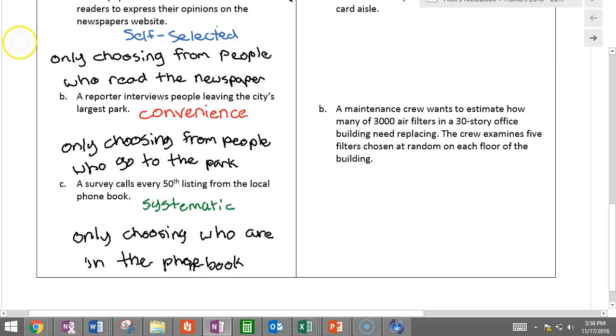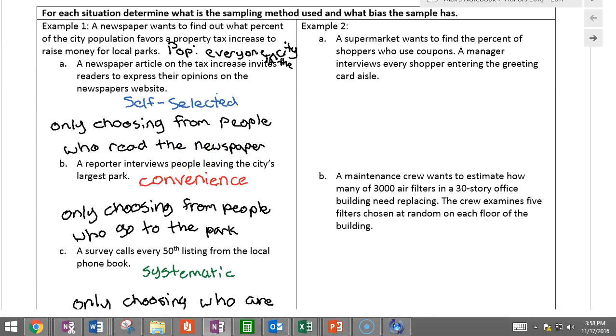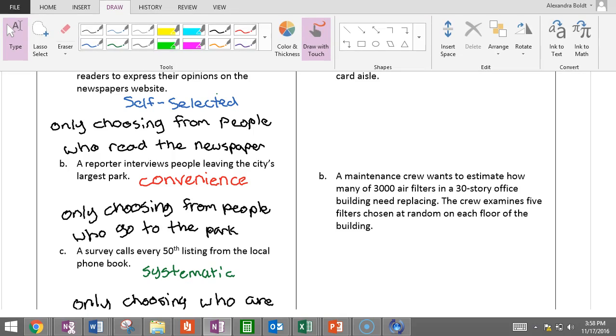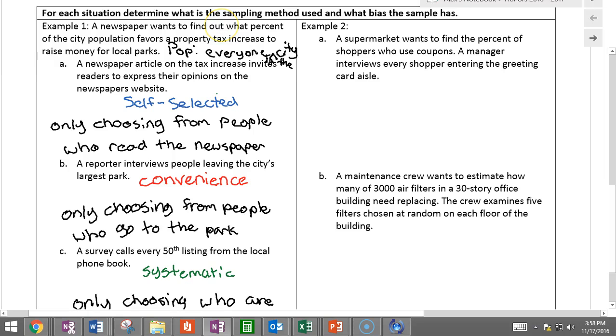All right, let's look at our next example. Example 2 says a supermarket wants to find the percent of shoppers who use coupons. A manager interviews every shopper entering the greeting card aisle. So our population for this one is shoppers of the store.